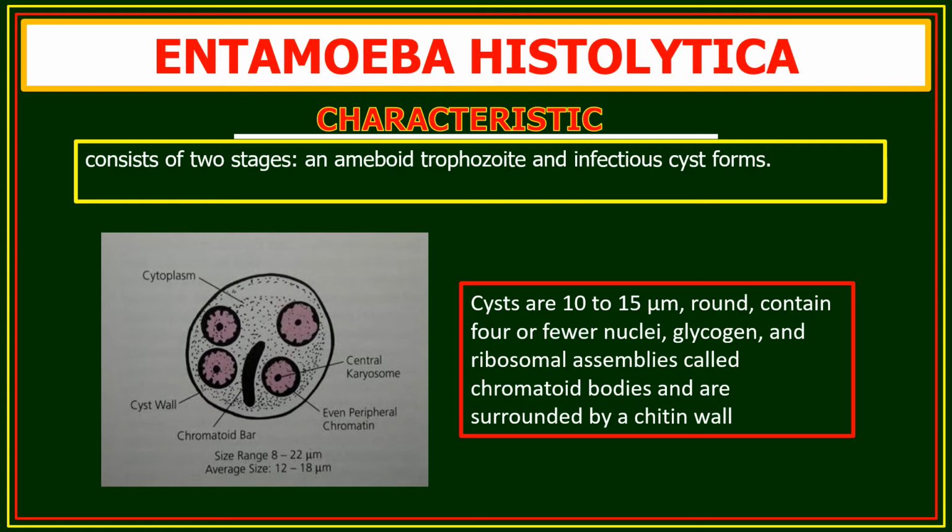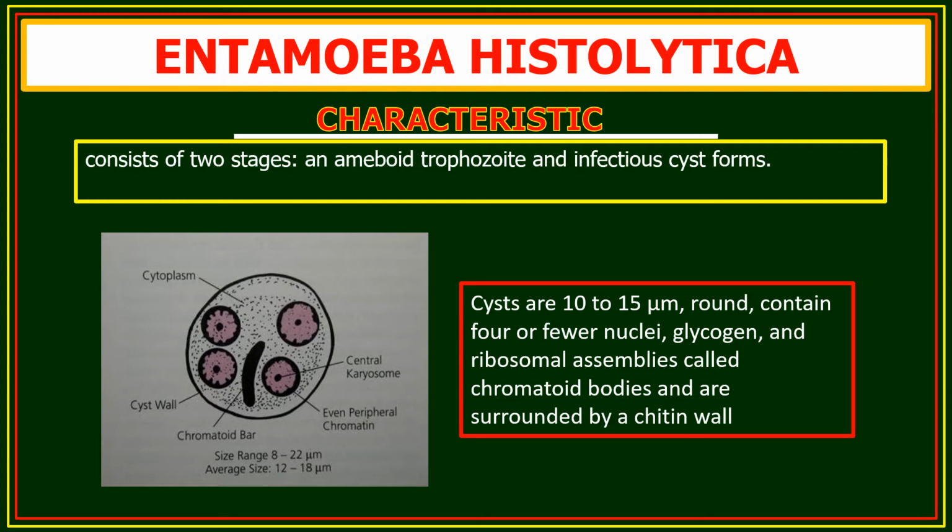Its life cycle consists of two stages: the amoeboid trophozoite and the infectious cyst form. The first one is the cyst, about 10 to 15 micrometers. It is round, contains 4 or fewer nuclei, glycogen, and ribosomal assemblies called chromatoid bodies, and is surrounded by a chitin wall.